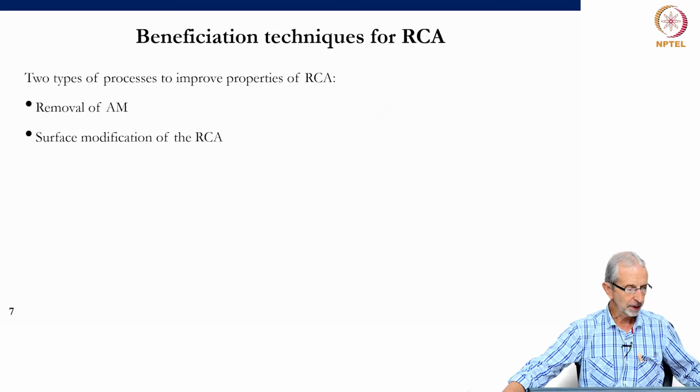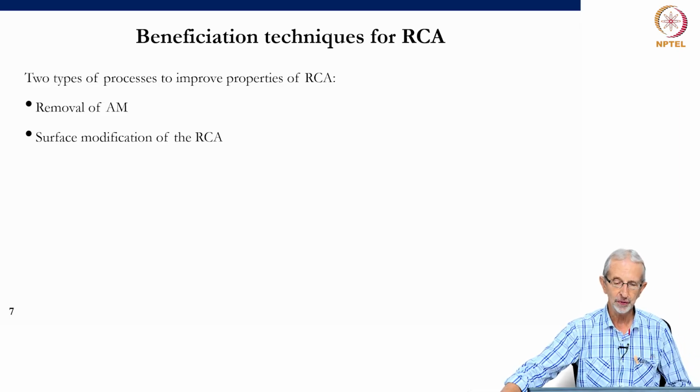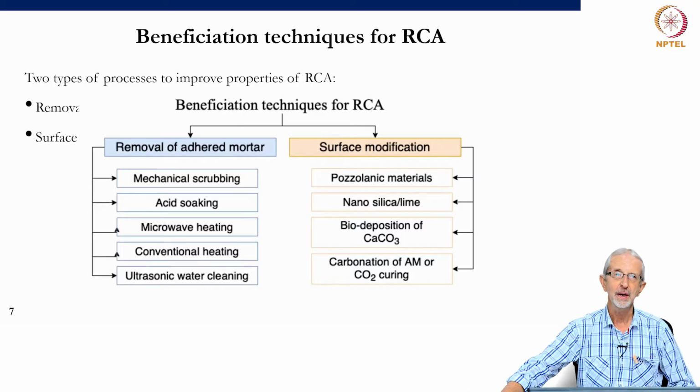So let's talk a little bit about beneficiation techniques for RCA. And really there are just two primary techniques. There's the removal, or the partial removal at least, of the adhering mortar, or there's surface modification of the recycled concrete aggregate. And this table helps us to see the picture as a whole. So here, for example, we have on the left-hand side the removal or partial removal of the adhered mortar.